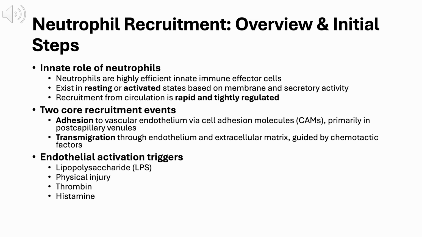They then transmigrate across the endothelial barrier and extracellular matrix, following chemotactic signals toward the site of injury or infection. Endothelial activation can be triggered by LPS, physical injury, thrombin, or histamine, preparing the vessel wall to capture circulating neutrophils and direct them into the affected ocular tissue.